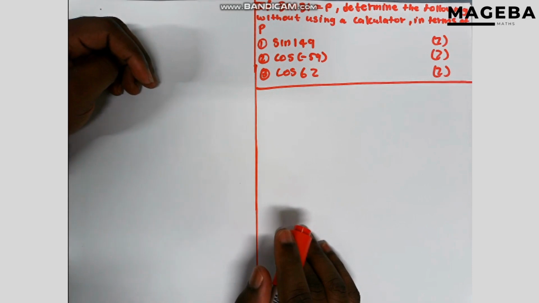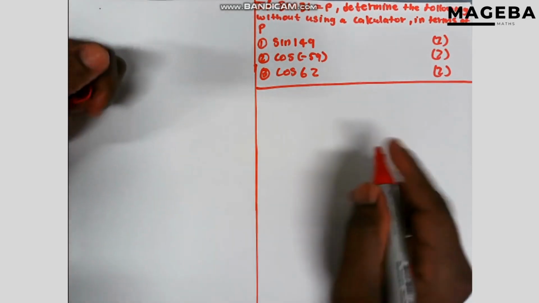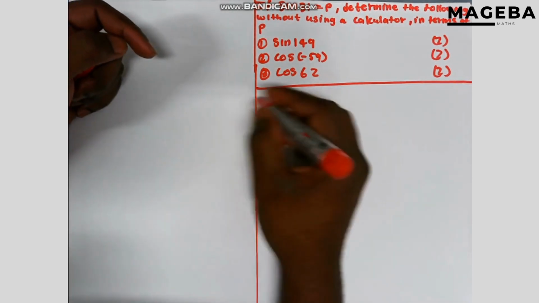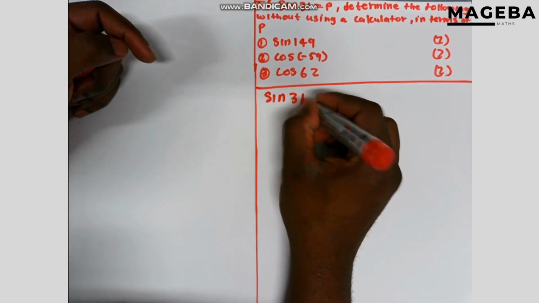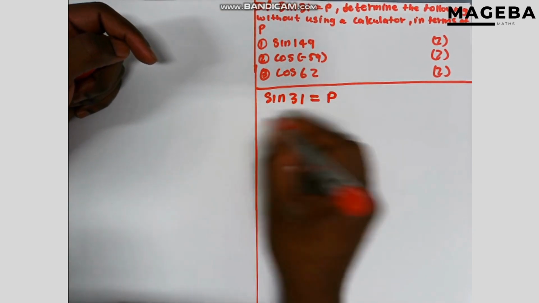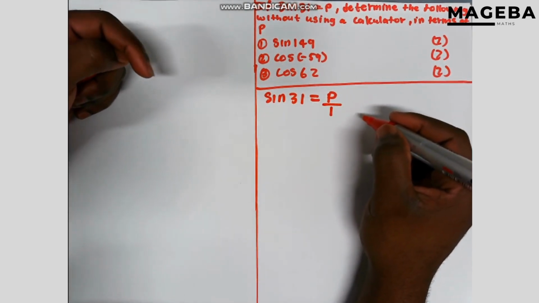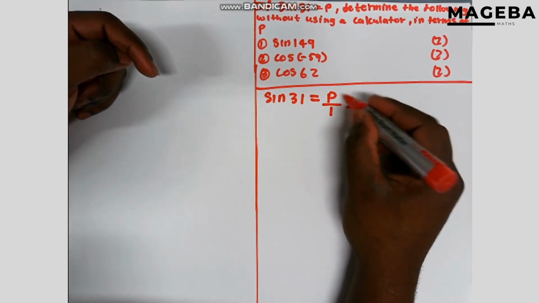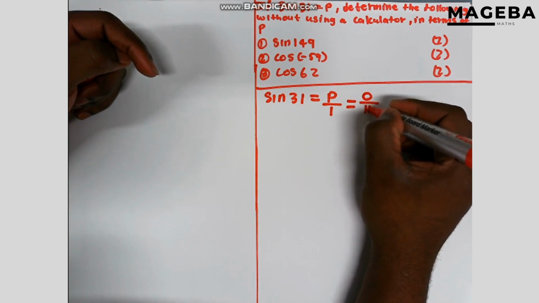So I hope you remember that the trig ratio of sine is opposite over hypotenuse. So if we have sine 31 equals p, we know the denominator of it is equal to 1, so this is opposite over hypotenuse.